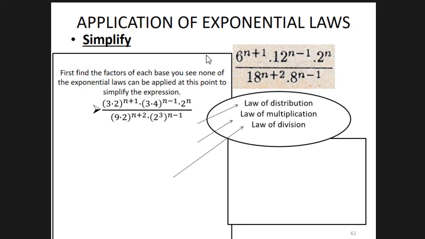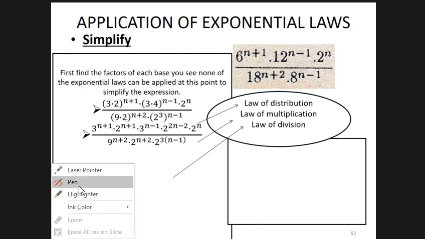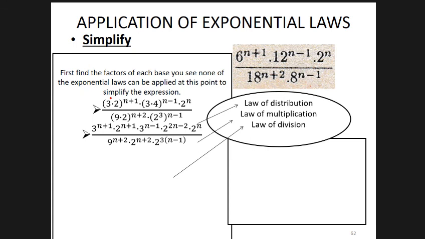Now, please note that all I did, guys, was simply to multiply the exponents inside. What is the exponent of 3 here? It is 1. All I'm going to do is take that 1 and multiply it with n, and the same 1 will be multiplied with positive 1.